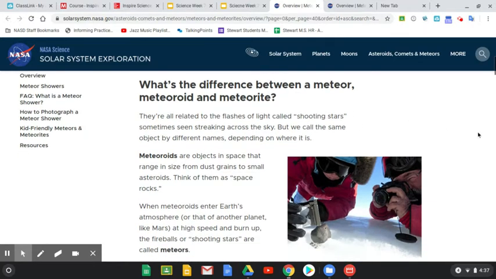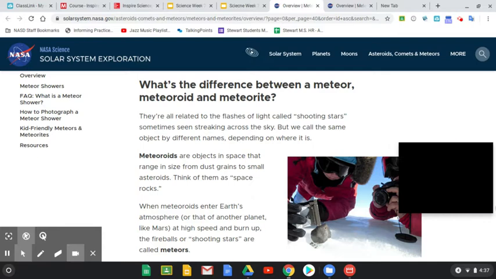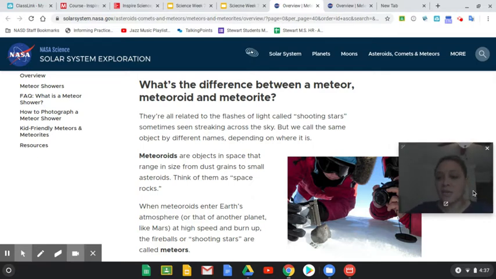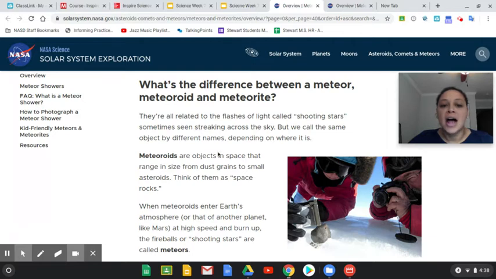It says they're all related to the flashes of light called shooting stars, sometimes seen streaking across the sky. But we call the same object by different names depending on where it is. So, boys and girls, a meteoroid, meteorite, and meteor are the same object, but the name changes depending on where it is, okay? So here we have meteoroids that are objects in space that range in size from dust grains to small asteroids. Think of them as space rocks.